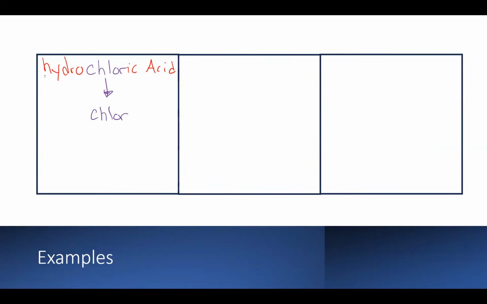Then the hydro and the ic tell us that we should revert the ending back to the original ending, which would have been "ide." Chloride ion is Cl minus, and I'm going to mix this with the cation, which is H plus 1. So hydrochloric acid, if I crisscross or swap and drop these, has the formula HCl.